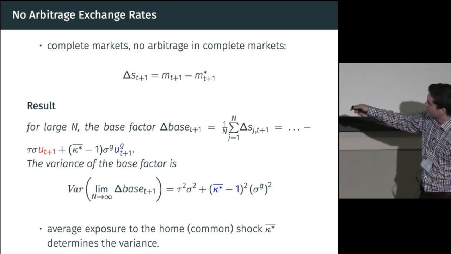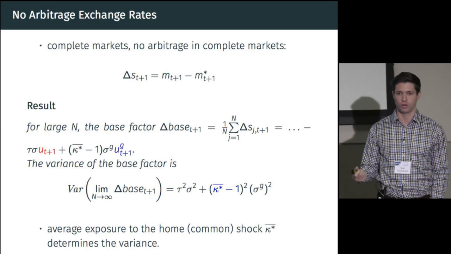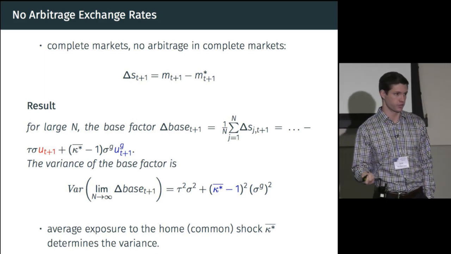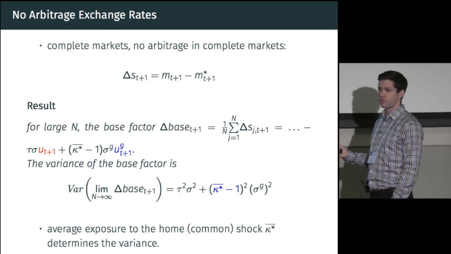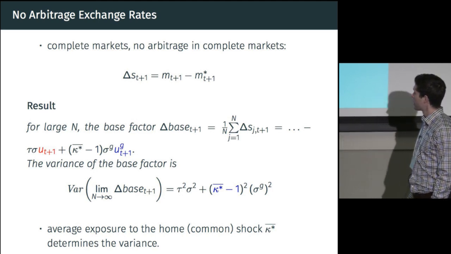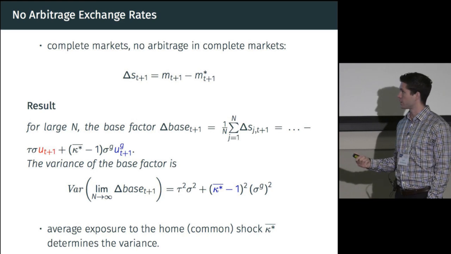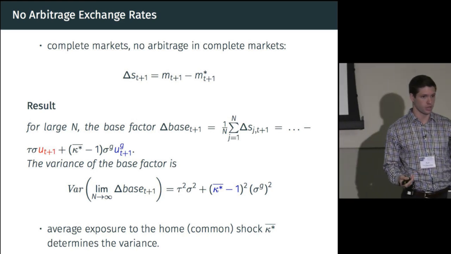And then this here, kappa star bar, is the average loading of foreign countries on the common shock, and the 1 is the loading of the home country on that shock. So the base factors average away all of the local shocks that originate in any of the local countries, and we're left with just the difference between the average exposure of a foreign country to the shock and the exposure of the home country to that shock.